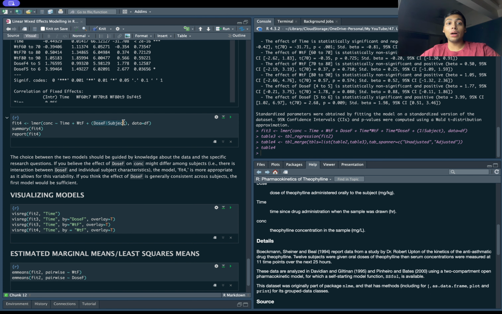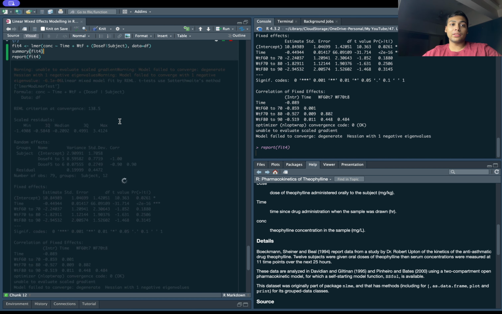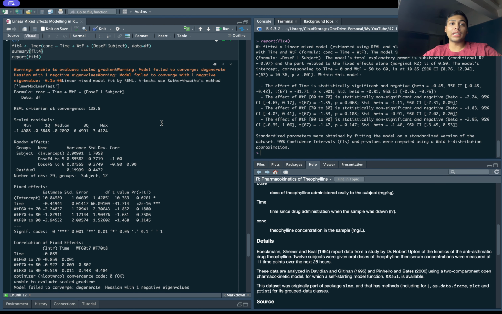So here you can see how the data is hierarchical, right? It is now apparent how hierarchy, dose, subject, then fixed effects, this hierarchy is now apparent. So I would not use this model because it is too complex for the question that we have.